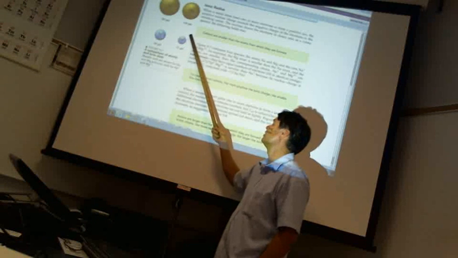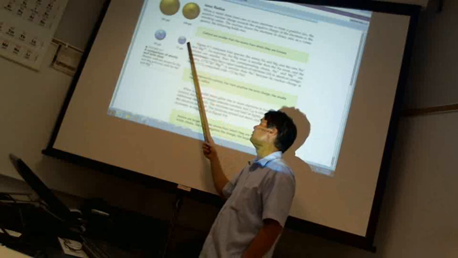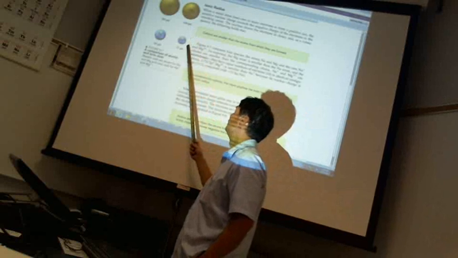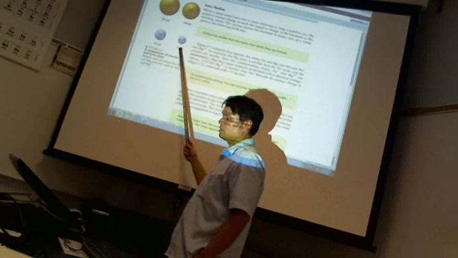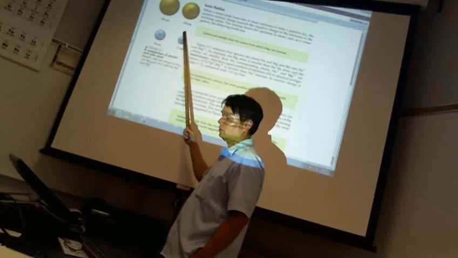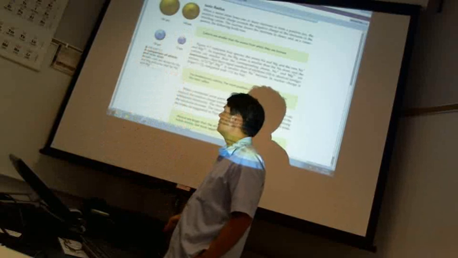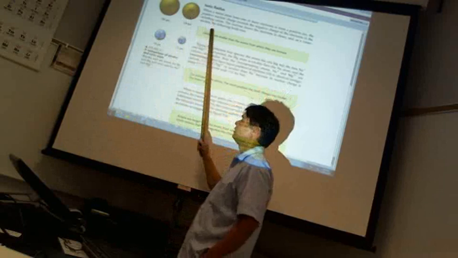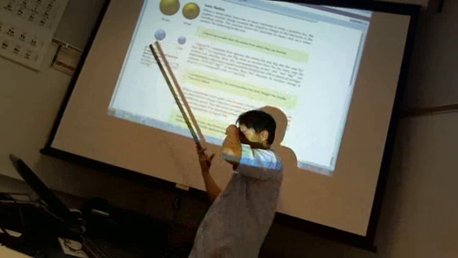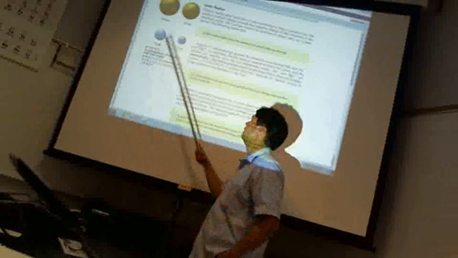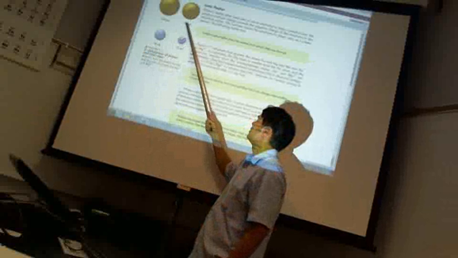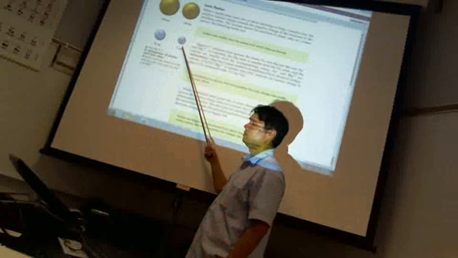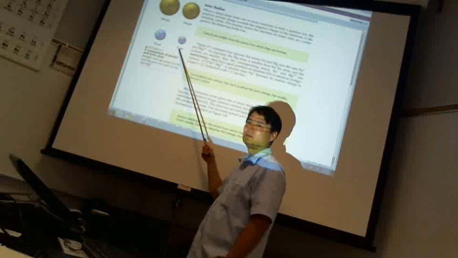Actually, the size gets cut down by a little more than half, so the size of the ion is a little less than half the original size. In other words, when we lose that electron, then we have a lot of protons and fewer electrons. The imbalance in proton-electron ratio allows electrons to be pulled in much, much closer.